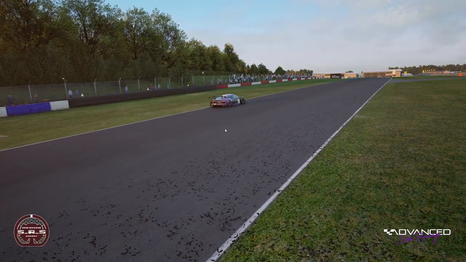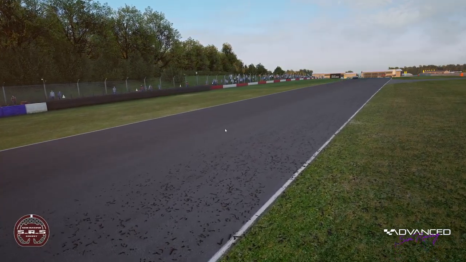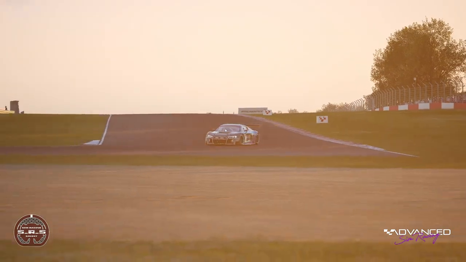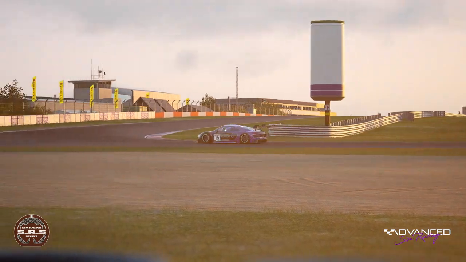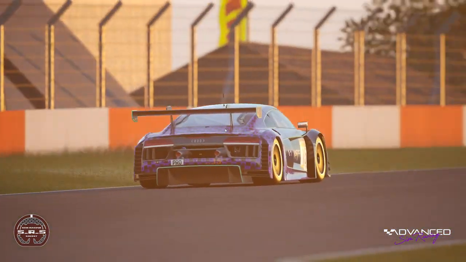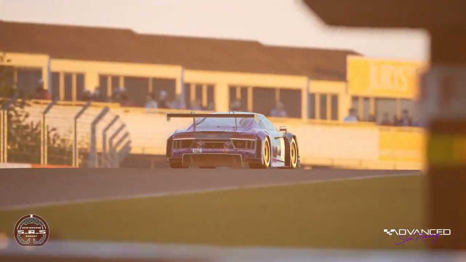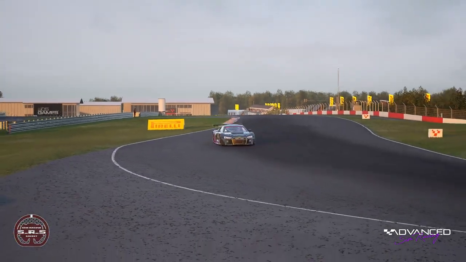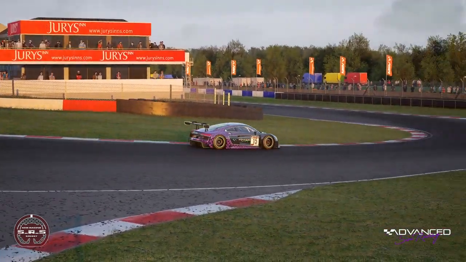The corner name is escaping me. Where else? Any kind of carousel corner. T1 at Zandvoort, for example, is another good one. So those are what we would quantify as long corners: relatively long braking, and then long until the apex.